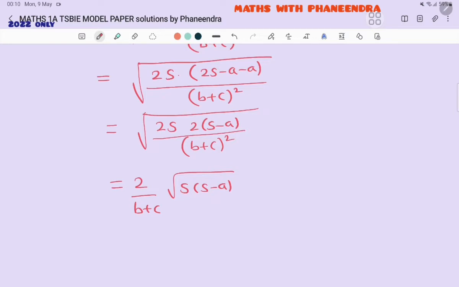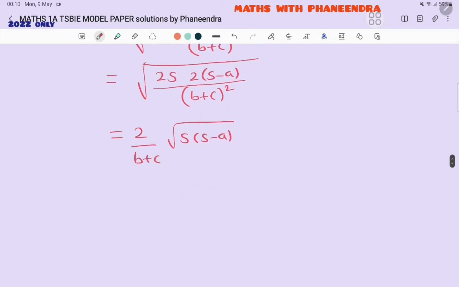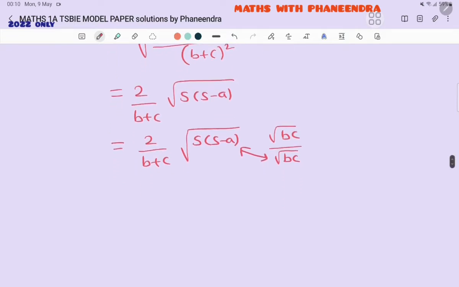After that, what we have to do is multiply and divide by root BC, to get the formula format, which is equal to 2 by B plus C. So here S into S minus A, root BC, multiplying and dividing by BC. You take these two as one term.